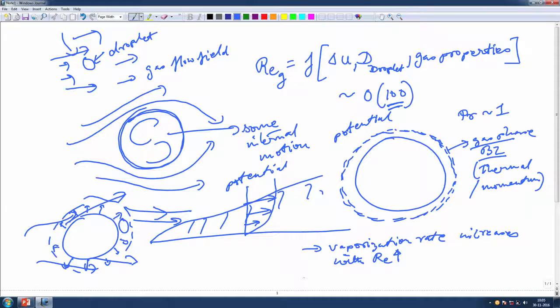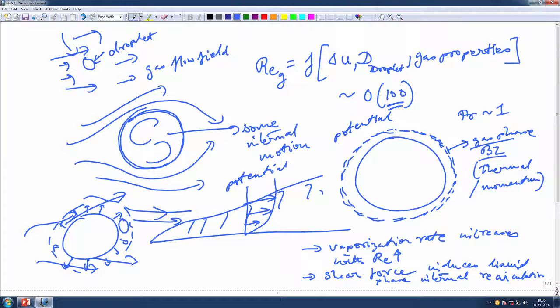The other thing is that the shear force, which we already mentioned, induces liquid phase internal recirculation. Got it?